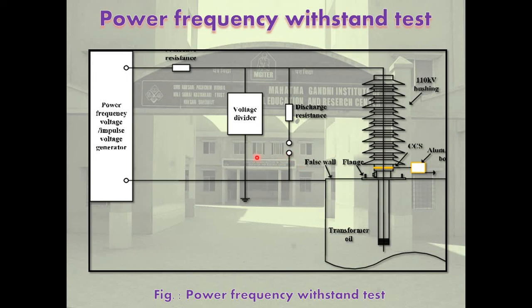The voltmeter on the generator LT side can be calibrated by means of the sphere gap. In addition, there are instruments for measurement on the HT side to limit the current after breakdown. And circuit breakers open and protect the circuit in case of any breakdown. So this is the whole circuit of the power frequency withstand test.